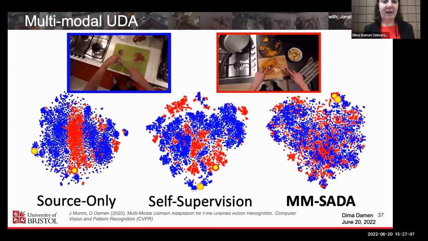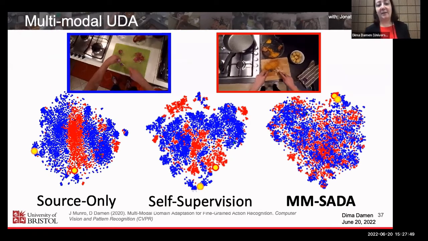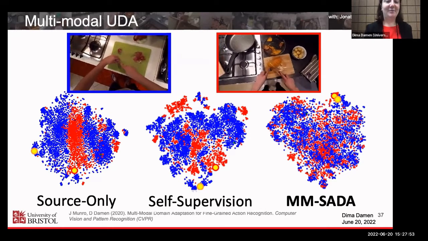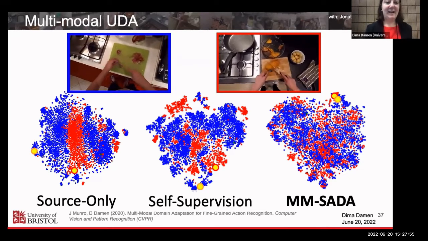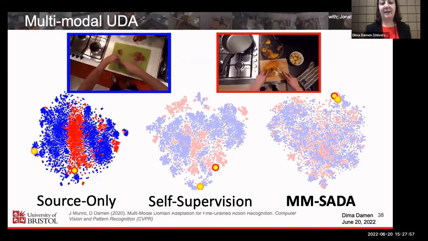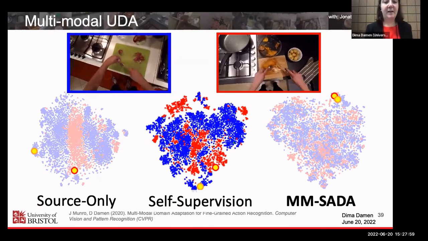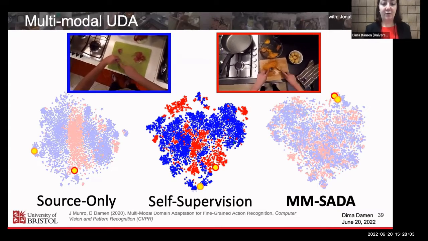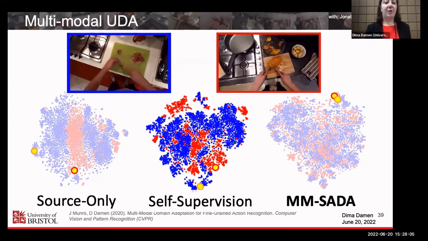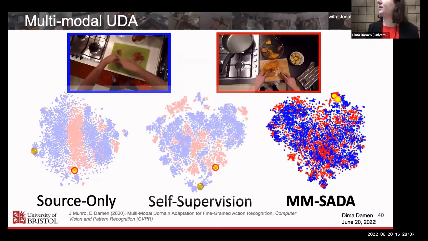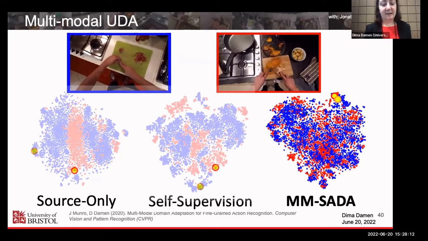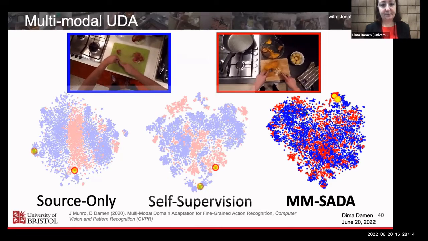This is someone cutting in one environment and then someone cutting in the new environment, with a different object, different background, different chopping, different person. If you rely on the source only, these are spaces that are very, very different. With the self-supervision, you get the clustering and they do get closer, but they don't fully overlap. With the combination of the self-supervision and the gradient reversal, you end up recognizing this cutting action in the new environment.